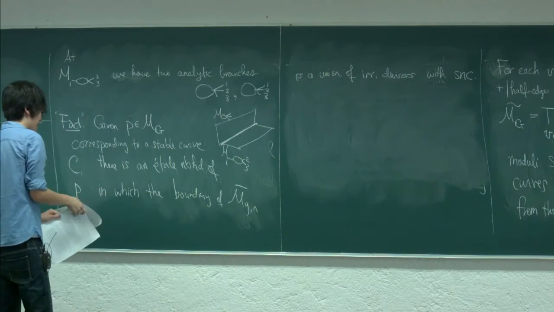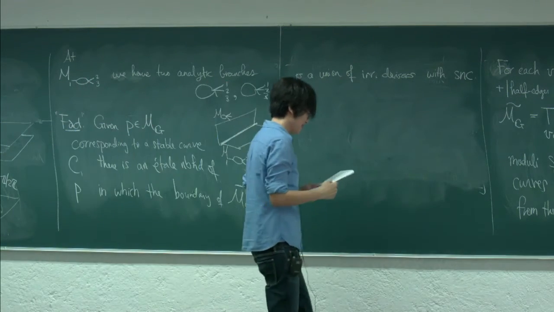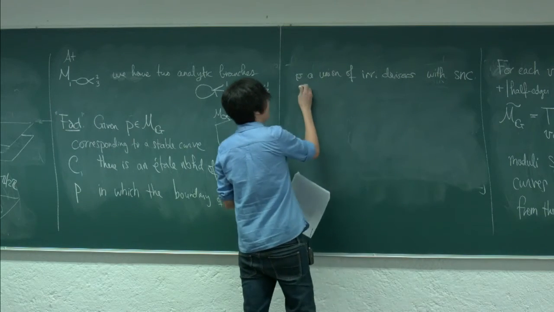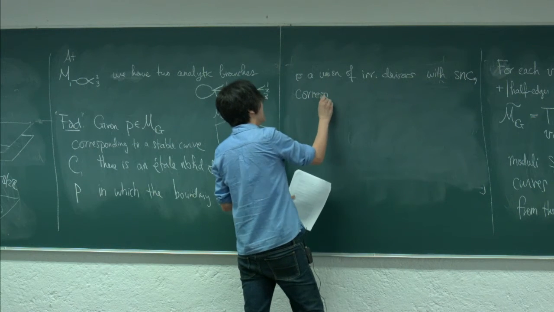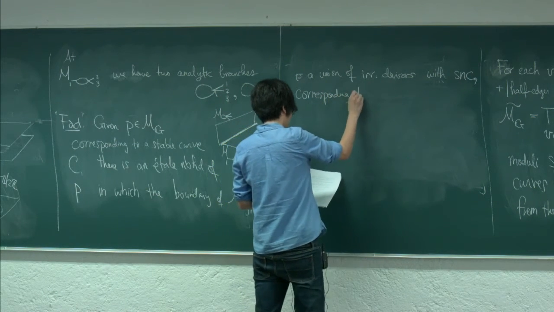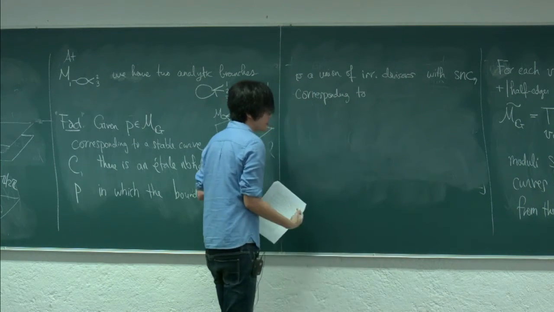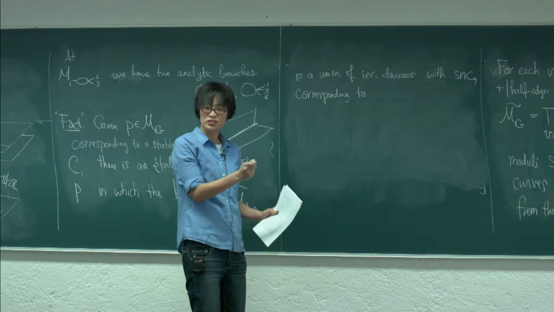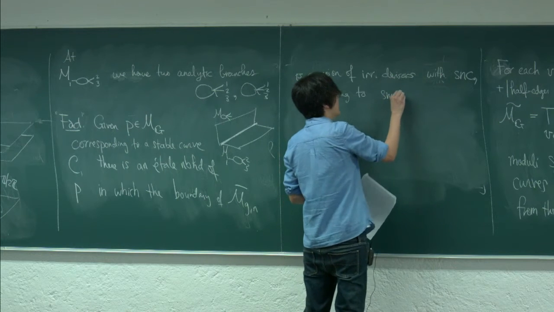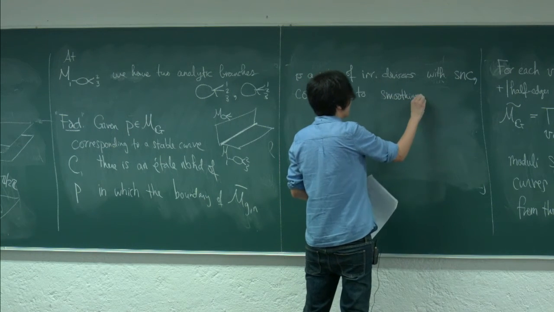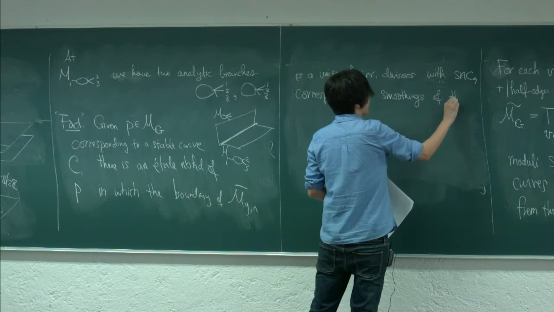And these boundary divisors correspond to sort of parameter spaces for smoothings of each individual node in the stable curve.